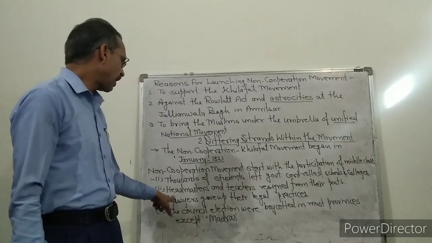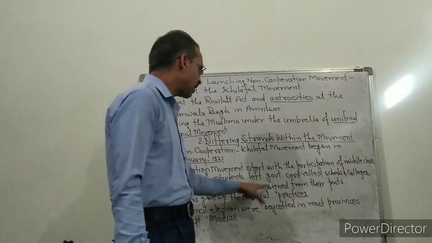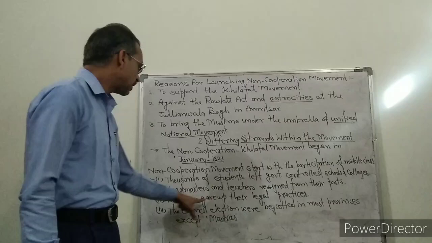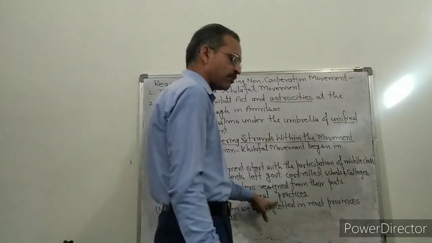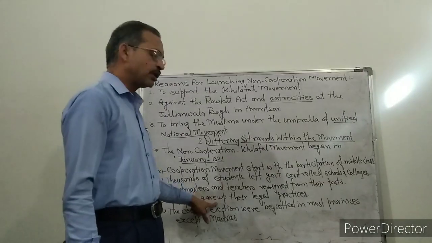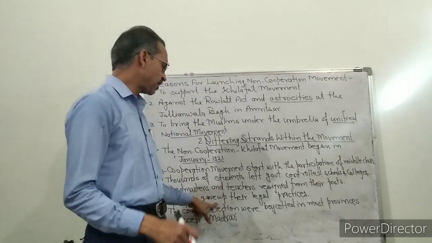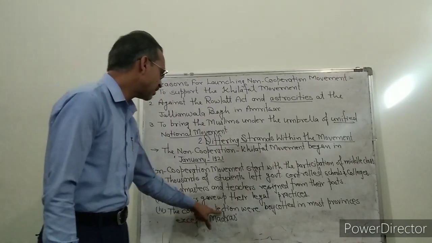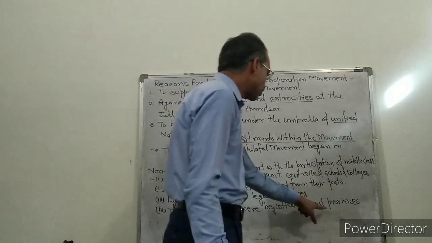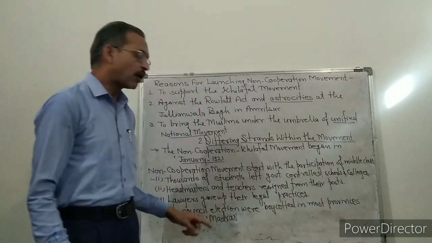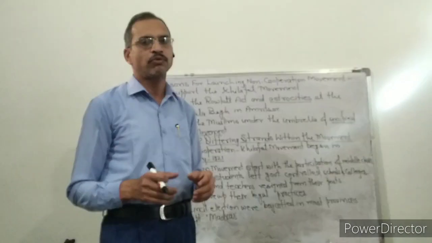Next, headmasters and teachers resigned from their posts. Lawyers gave up their legal practices in British courts. They quit the practices in courts. The council elections were boycotted in most provinces except Madras. Council elections were also boycotted.